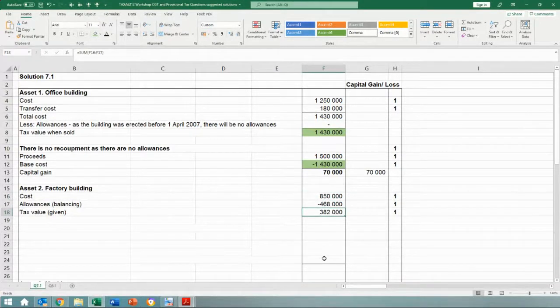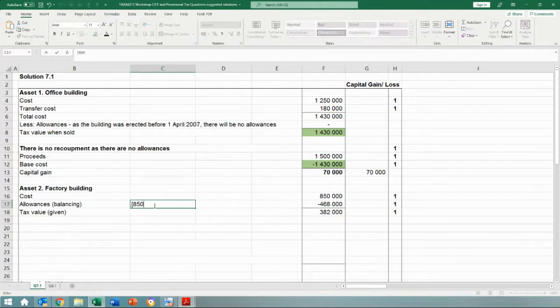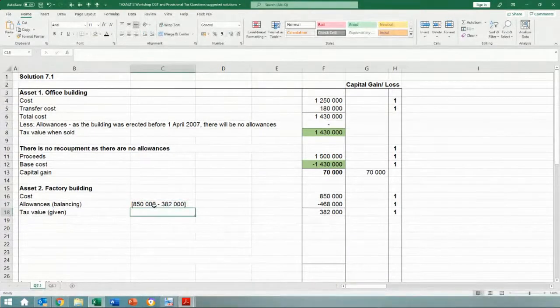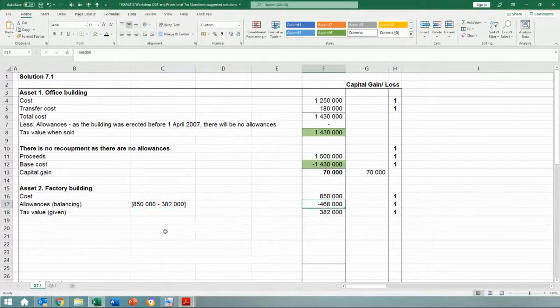Now they've given you the tax value in the question as 382,000, so the balancing figure is 850,000 less the 382,000, which gives us 468, which was the wear and tear allowances.